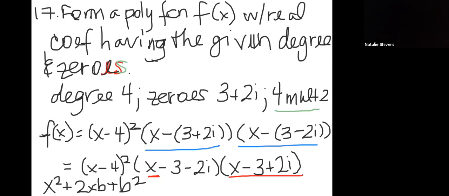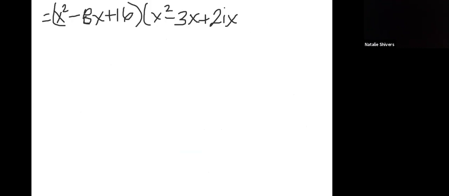Then I need to take negative 3 and multiply it by the whole parentheses. And I get minus 3x. Oops. Minus 3x. Minus 2ix. Oops, 2ix.